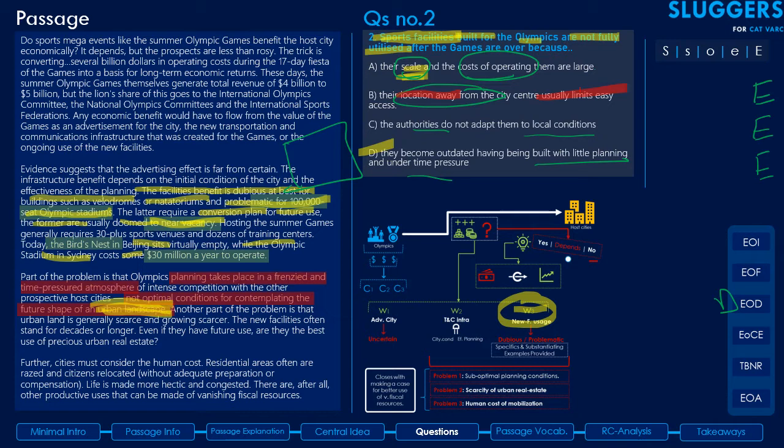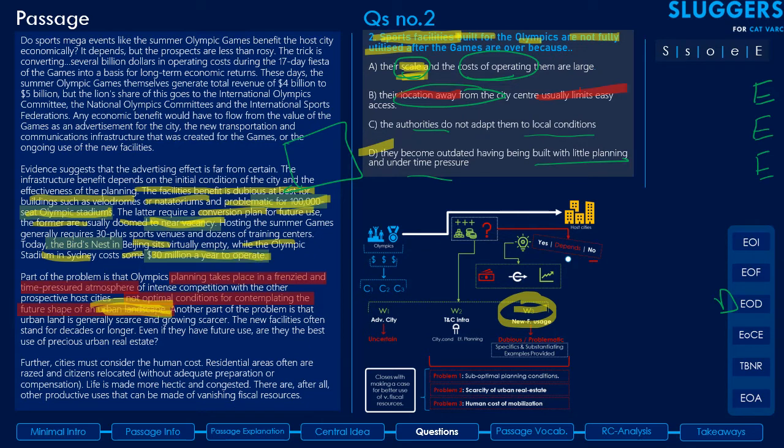You just look at this. The facilities benefit is dubious for these velodromes and natatoriums, and problematic for this huge infrastructure. That means scale is definitely a problem. So one of the reasons seems to be scale, and another reason seems to be the cost of operating them, which is provided here.